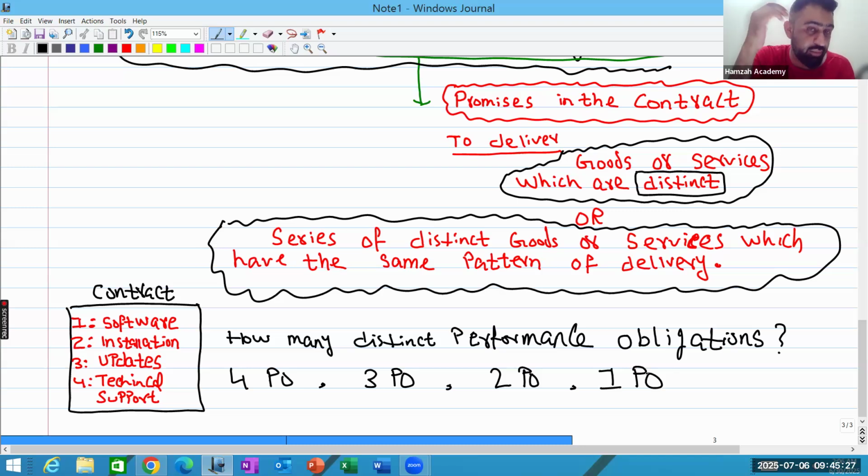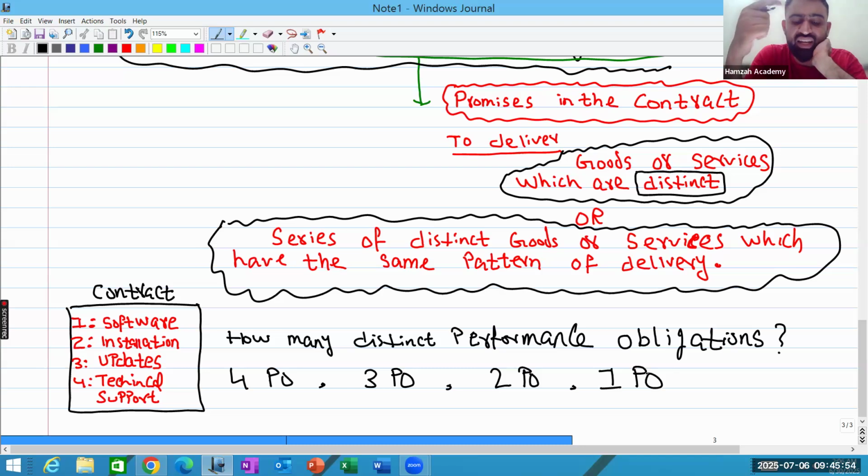And in that case, the update will be the 3rd and technical support would be the 4th. Or in case of 2 performance obligations, we may integrate 1 and 2 into 1 and 3 and 4 into 1. So software installation is a 1 and update and technical support may be the 2nd. Or we may conclude all these 4 promises are basically only 1 performance obligation.